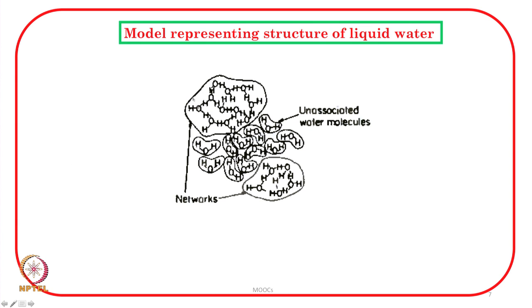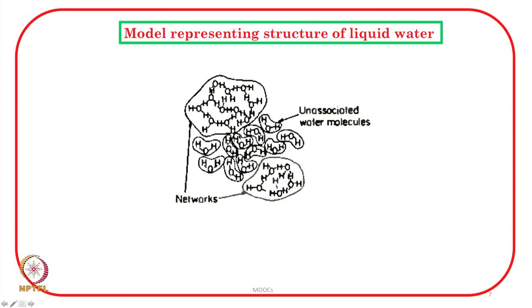Let me represent this as the regular tetrahedral network of hydrogen bonded structure. This is ice like structure, and these are the monomeric water molecules which are occupying the interstitial spaces, and there is an equilibrium between these monomers and the tetrahedral network. There is a fast equilibrium.